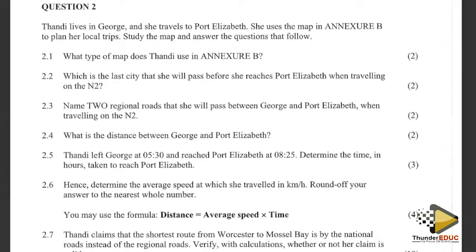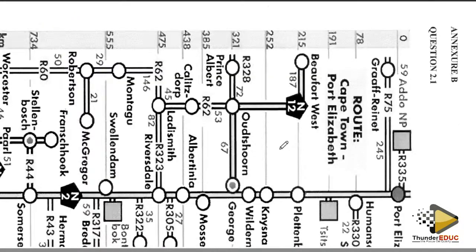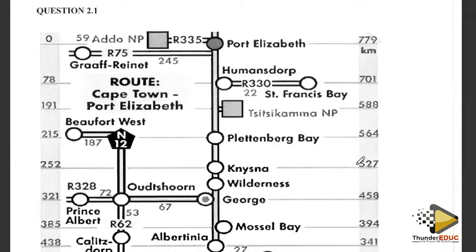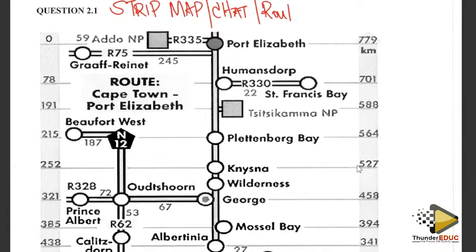Let's go to an extra B. This map has a name. We call it a strip map. Others, instead of a map, they write a strip chart. Others can call it a route map.